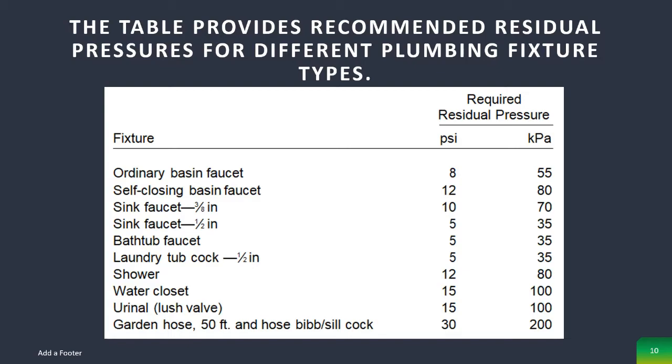We have ordinary basin faucet, 8 psi; self-closing basin faucet, 12 psi; sink faucet, 3/8 inch, 10 psi; sink faucet, 1/2 inch, 5 psi; bathtub faucet, 5 psi; laundry tub cup, 1/2 inch, 5 psi; shower, 12 psi; water closet, 15 psi; urinal or flush valve, 15 psi; and lastly, garden hose, 50 feet, and hose bibs seal top, 30 psi.